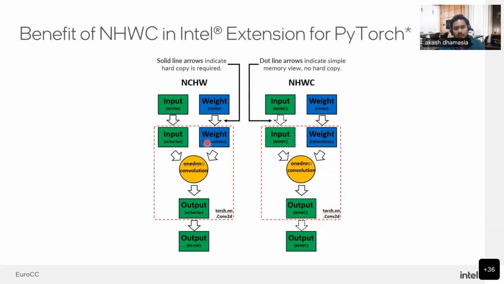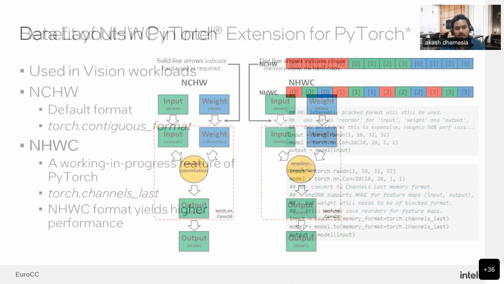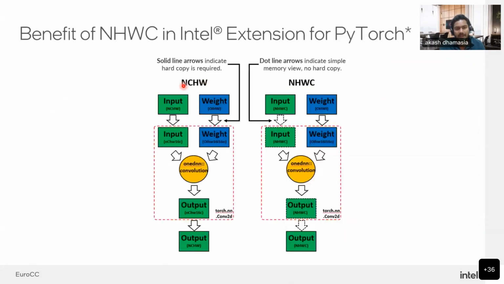Here I'm showing you these two kinds of memory layout operation, batch, channel, height and width, and batch, height, width, and channel. You see here you have to do reordering of your input and weights to a different format.